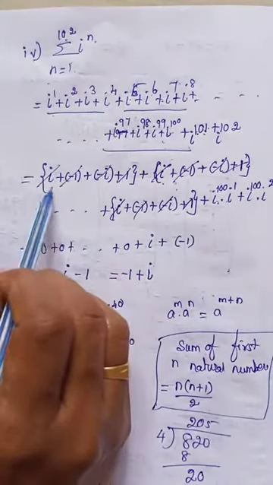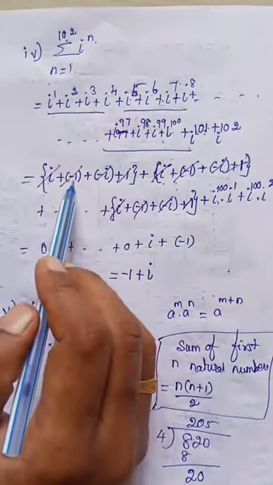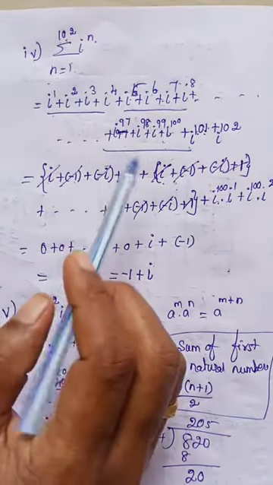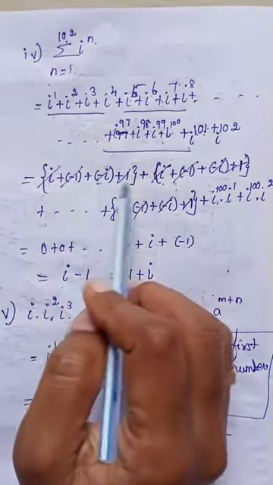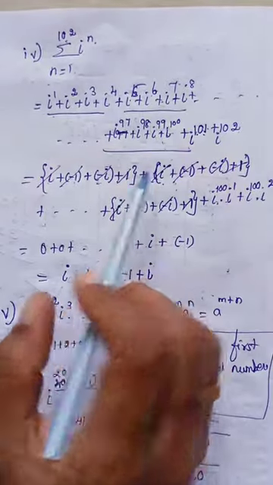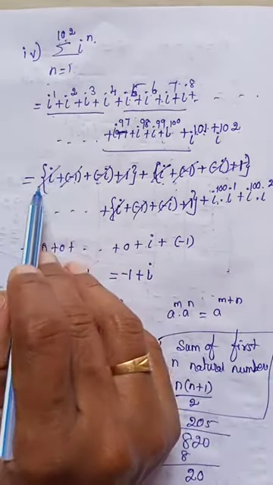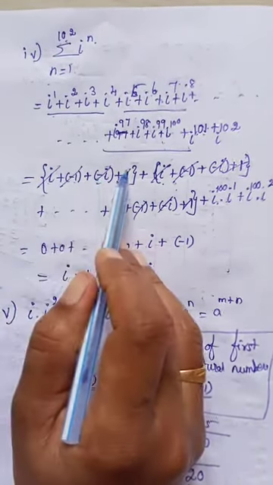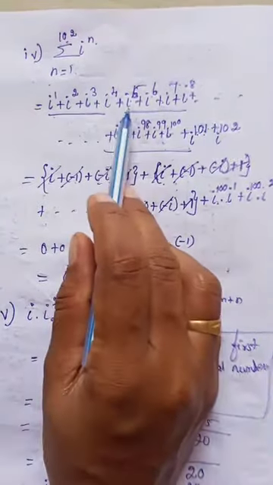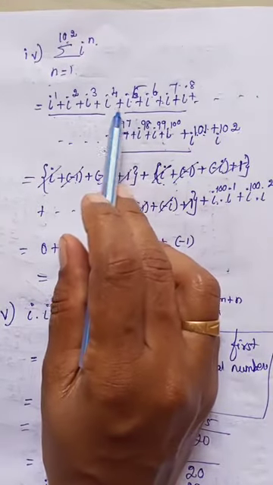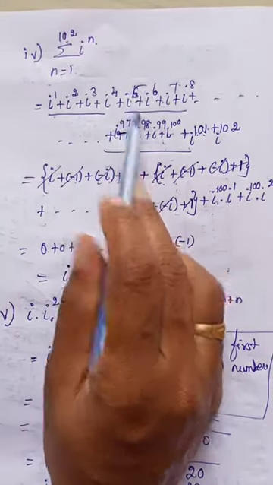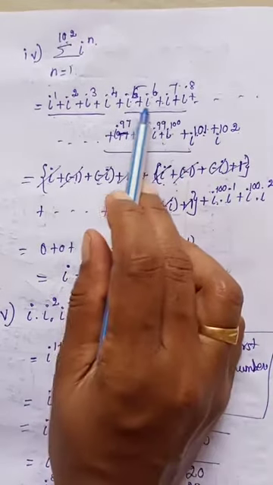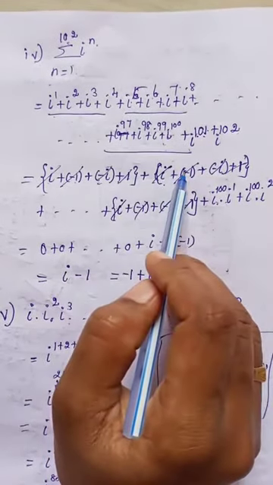So i^1 is i, i squared is minus 1, i^3 is minus i, i^4 is plus 1. See, all the terms will get cancelled: i minus 1 minus i plus 1. The same way for i^5 till i^8, only i^1 will be there, that is i. Here i squared is minus 1.